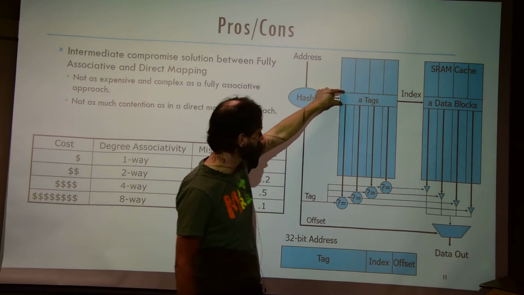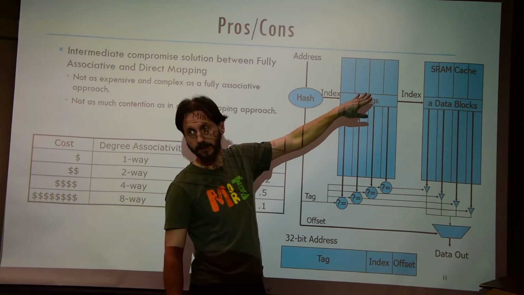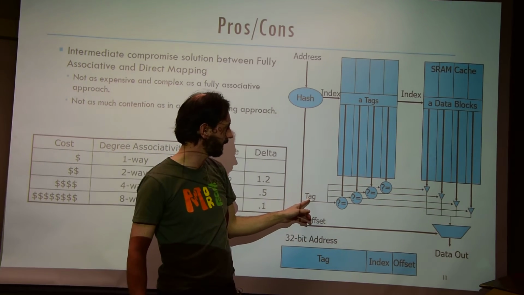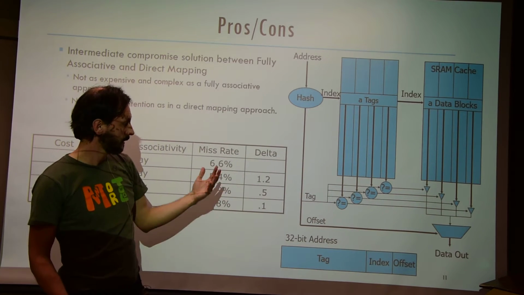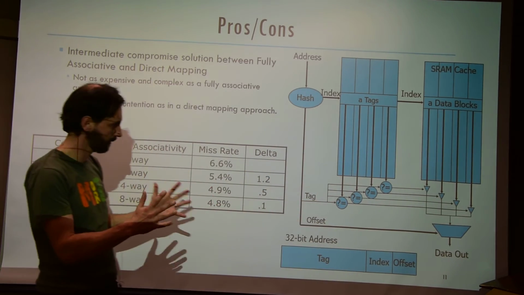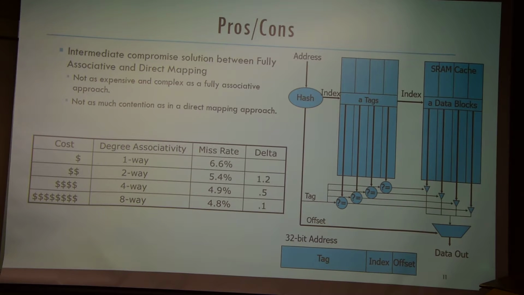So I'm looking at a specific set. Now I need to figure out which location in that set I'm actually interested in. So I'm going to use my tag to find out whether it's in there in the first place, and if it is, then I get it, and I have still an offset that will sort of within that block tell me what I'm interested in.